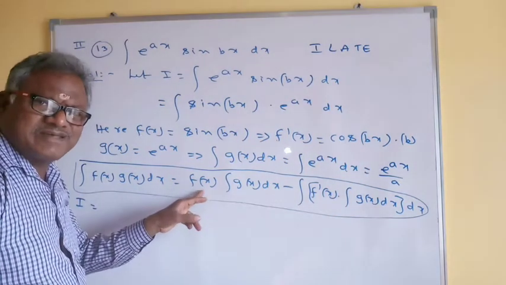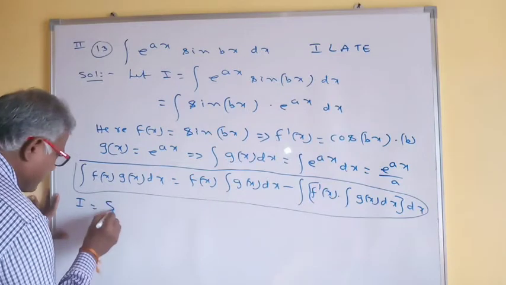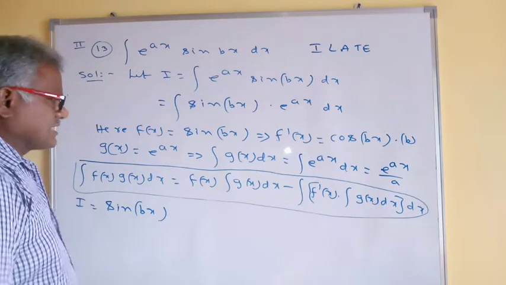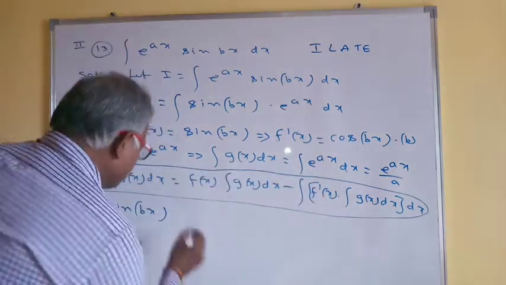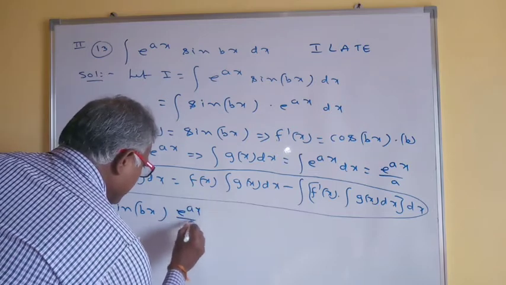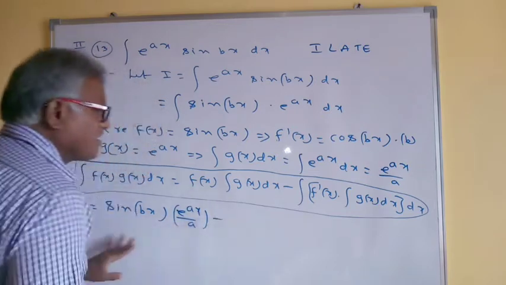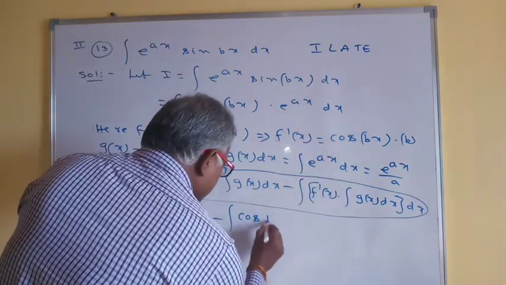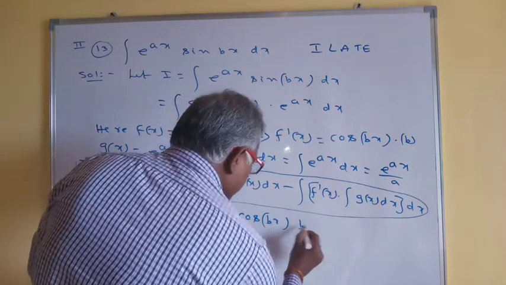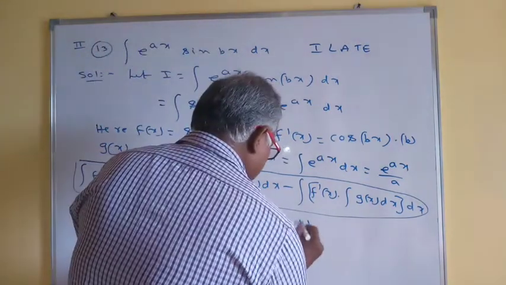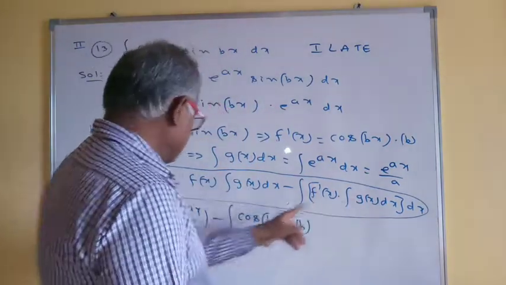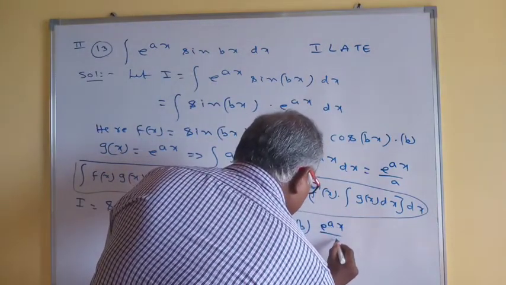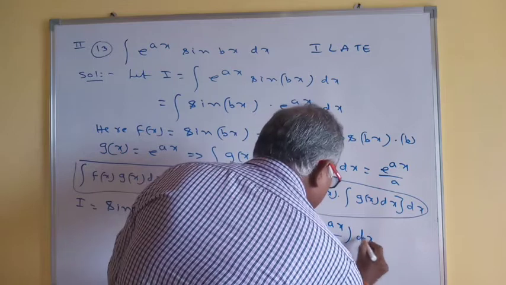What is the formula here? f of x is sin bx. Next, the integral value is e power ax divided by a, minus the derivative of the first function, cos bx into b, into the integral value e power ax by a, whole dx.